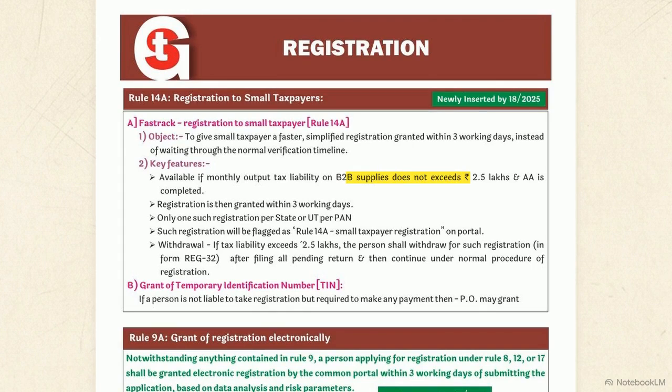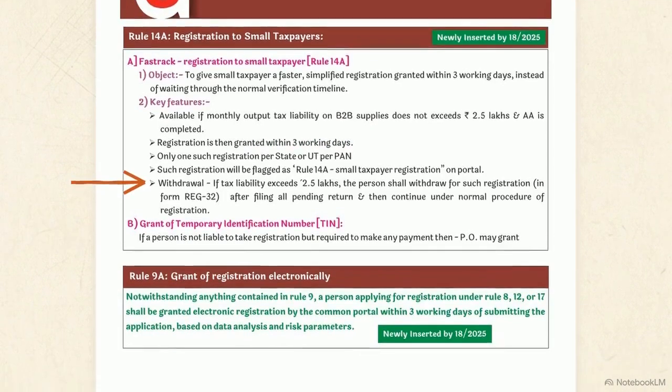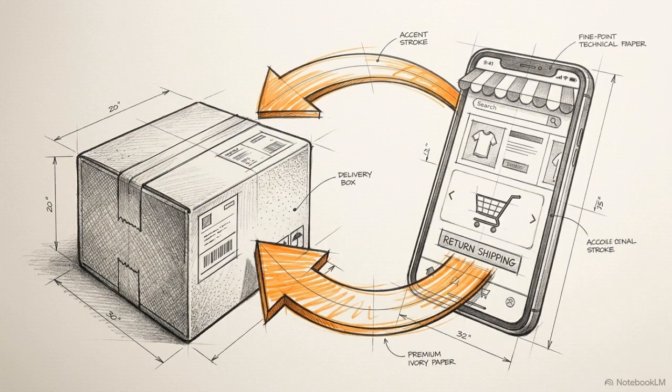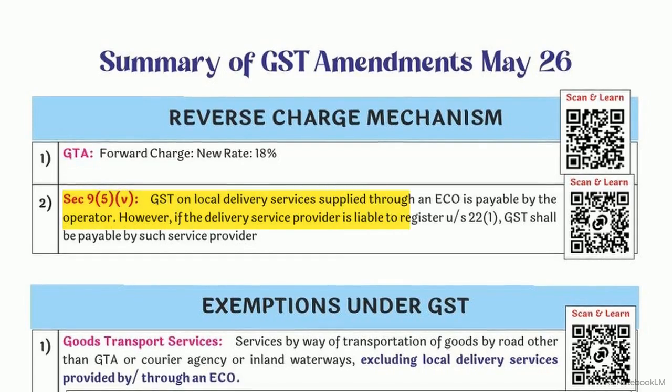This friction reduction strategy extends to the reverse charge mechanism, specifically regarding e-commerce operators. Looking at the summary for Section 95V, the baseline rule states that GST on local delivery services supplied through an ECO is payable by the e-commerce operator themselves under reverse charge. The critical exception shifts this burden. If the actual delivery service provider is already liable to register under Section 22(1), the GST liability moves away from the ECO and reverts back to the individual service provider.